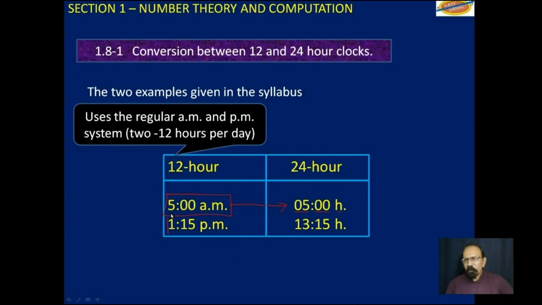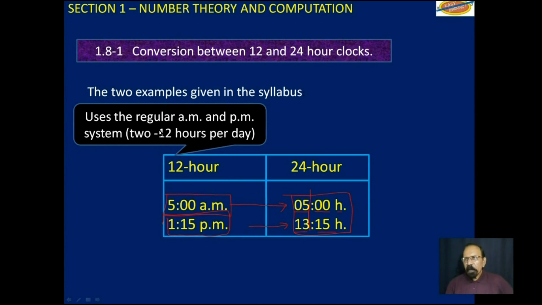And 1:15 p.m. is the 12-hour system, and the counterpart to that is 13:15 hours. Note that this 24-hour system is written with 4 digits, 2 digits for the hour, followed by a colon, and then 2 digits for the minutes.